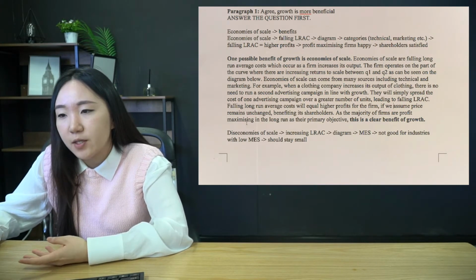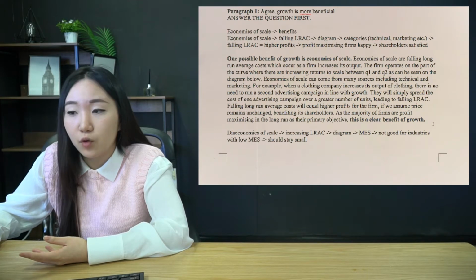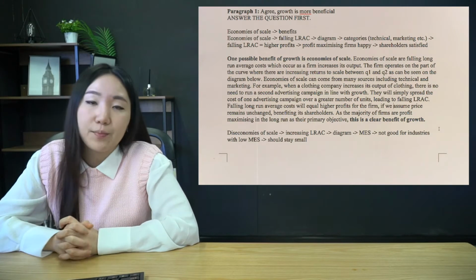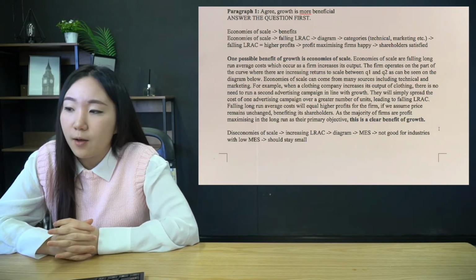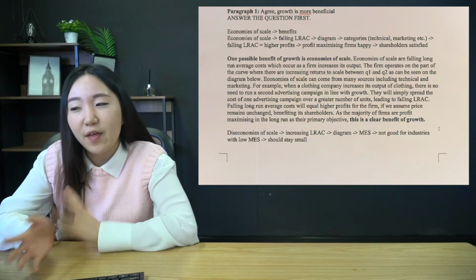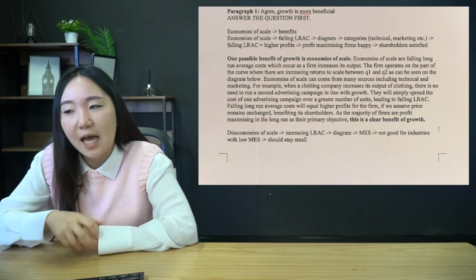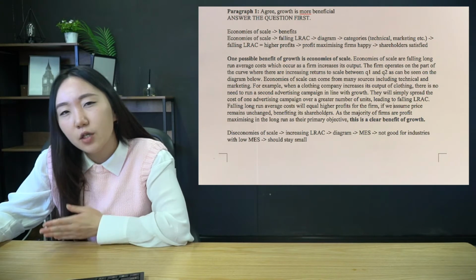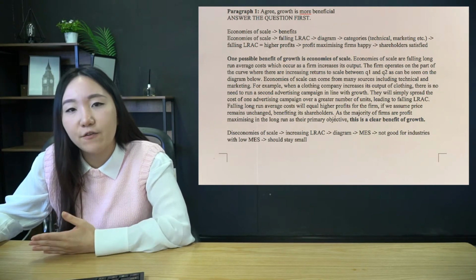As the majority of firms are profit maximizing in the long run as their primary objective, this is a clear benefit of growth. Maybe I want to even go one step further and say shareholders share in the profits of firms, but this is only if dividends are paid out. But I think that would be going off on a tangent, so I'll leave that out. But I've clearly tried to link as much as possible to the end result, benefits to who.